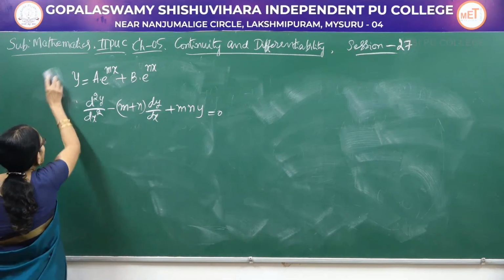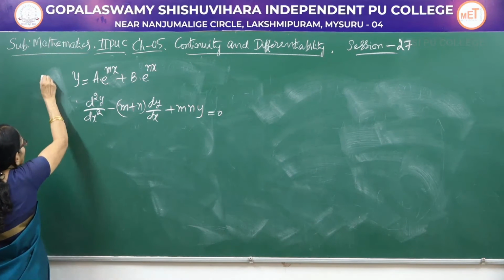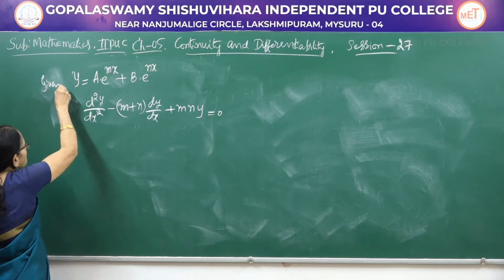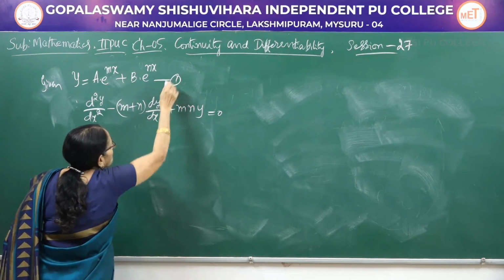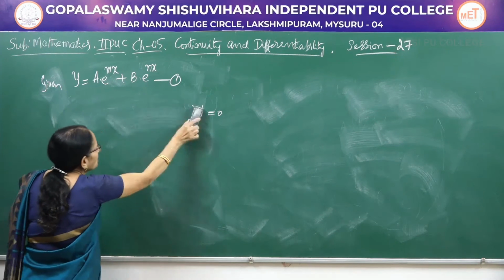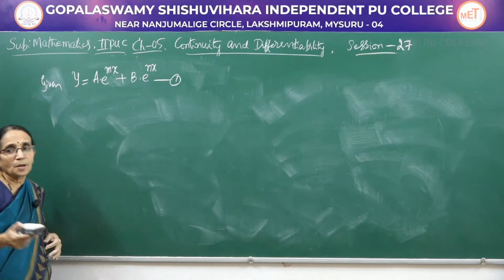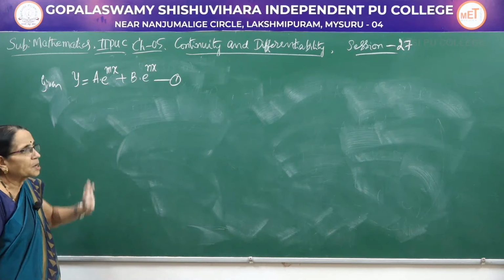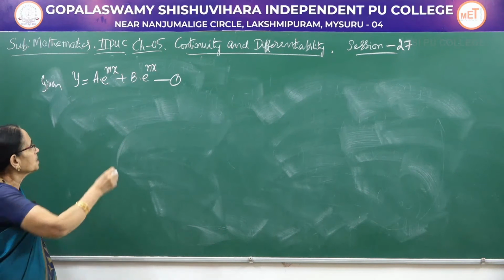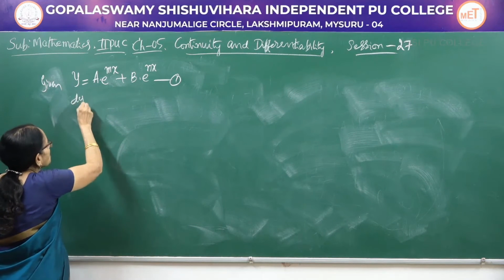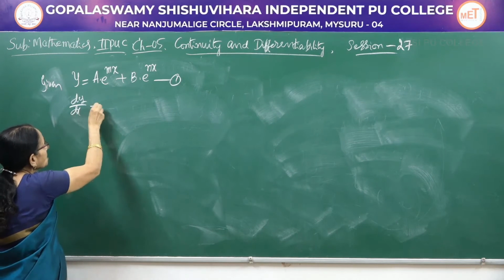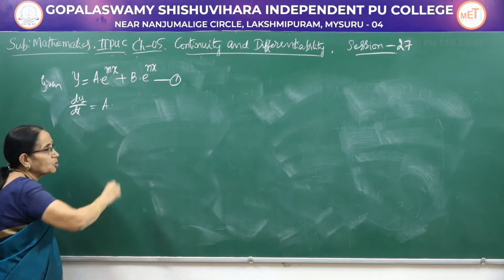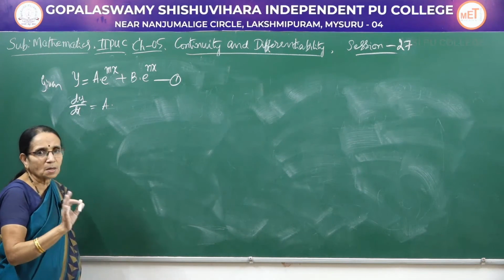So what I do is, I start with the given function and take this as 1. Better you write the number so that afterwards we can refer to that one. So y equal to, that is the given function. Now, differentiate once. dy by dx is equal to, don't apply the product rule because a and b are constants.